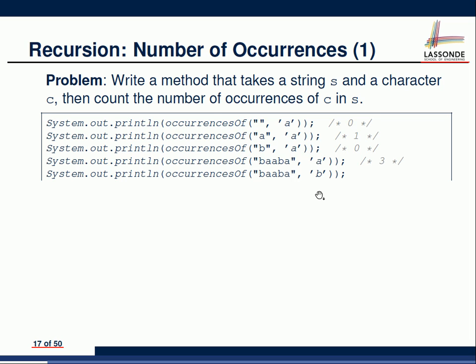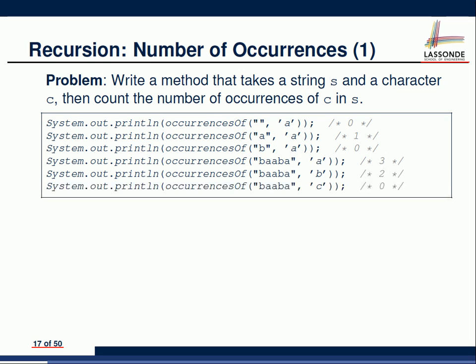One more: how many times does B appear here? Two times. That's the question. How can you solve it recursively? Similar idea, right? Hopefully you can get some intuition. Somehow you want to break the original problem, the string, into several parts, maybe two parts. For the first part, it's trivial to compare.